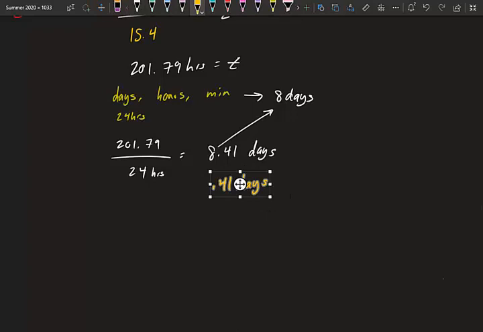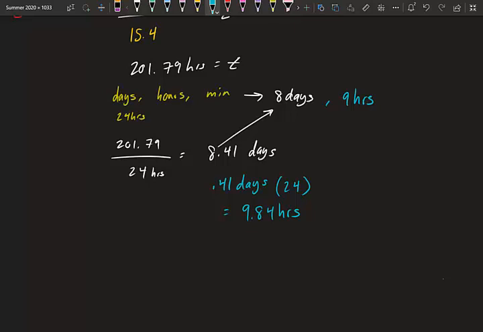So instead, we're going to figure out how many hours is in 0.41 of a day. So 0.41 days times 24 hours in a day, and we get 9.84 hours. So 0.41 of a day is 9.84 hours. So we have 9 hours.